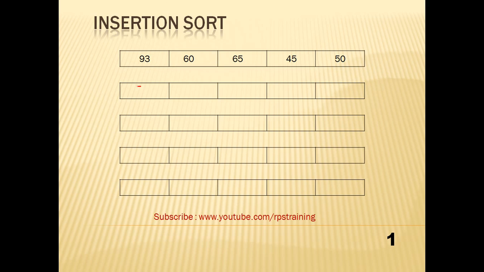It is 60, it is 93, it is 65, it is 45 and it is 50. Okay, up to this position the array is sorted, and this part is unsorted.